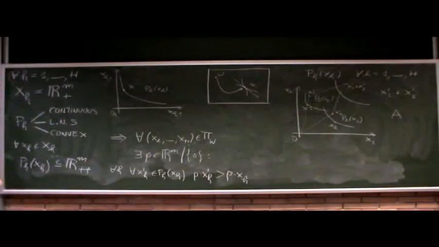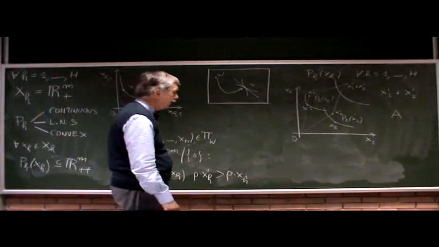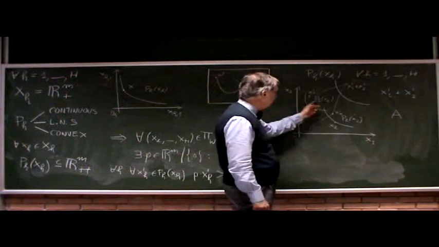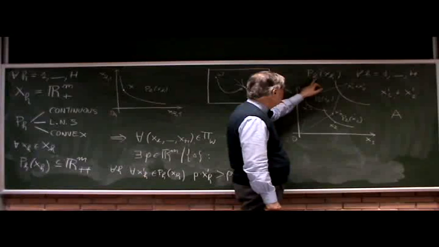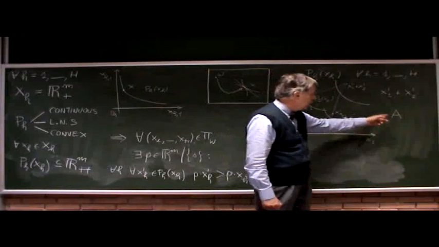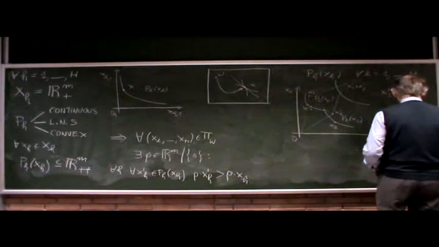This is a well-known geometrical procedure. You obtain this set. Clearly, since both P1 of x1, P2 of x2, generally speaking, Ph of xh, are convex sets, also this is a convex set.